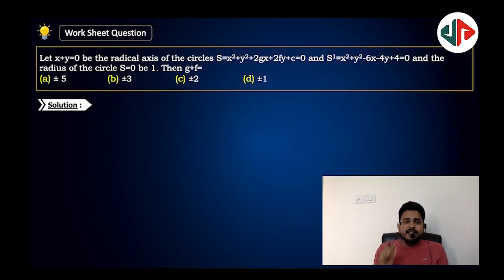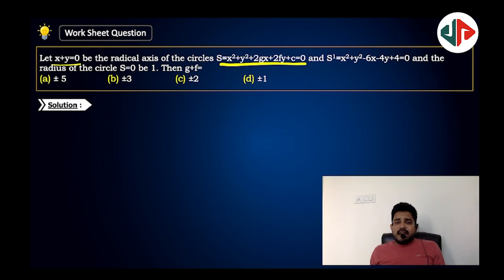If x plus y is equal to 0 is the radical axis of circles and the radius of the circle S is equal to 0, what is the radius? We need to find this. But the radical axis is x plus y is equal to 0.